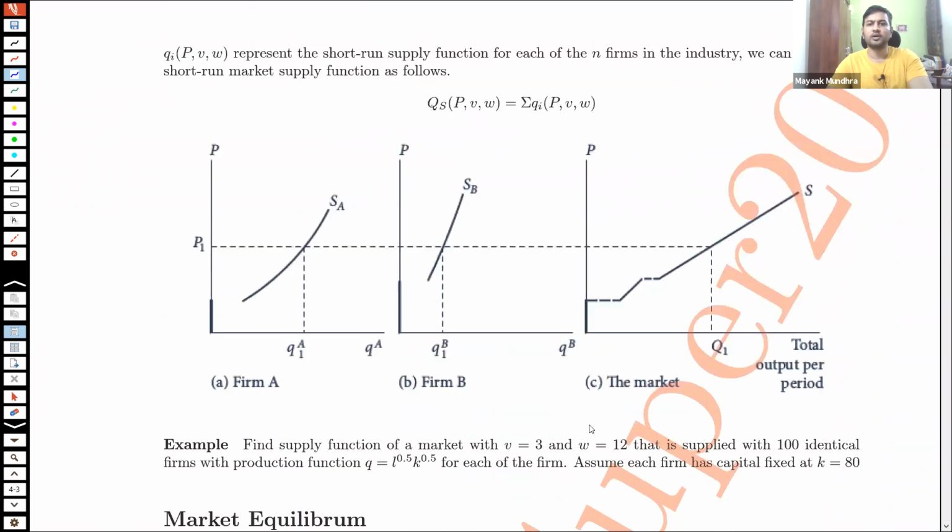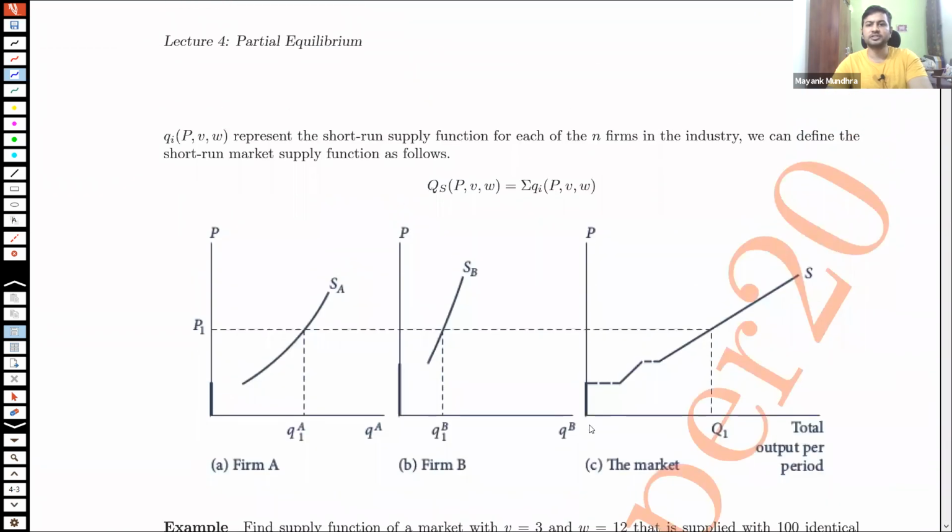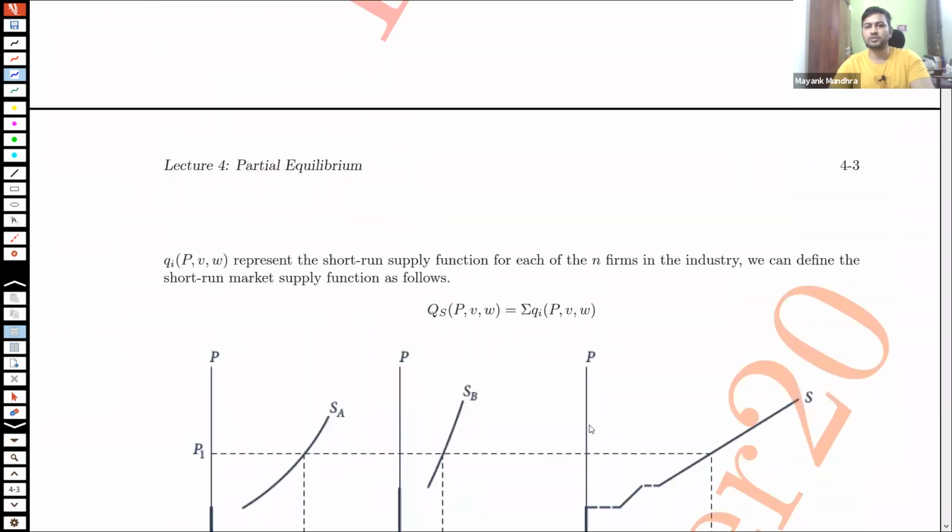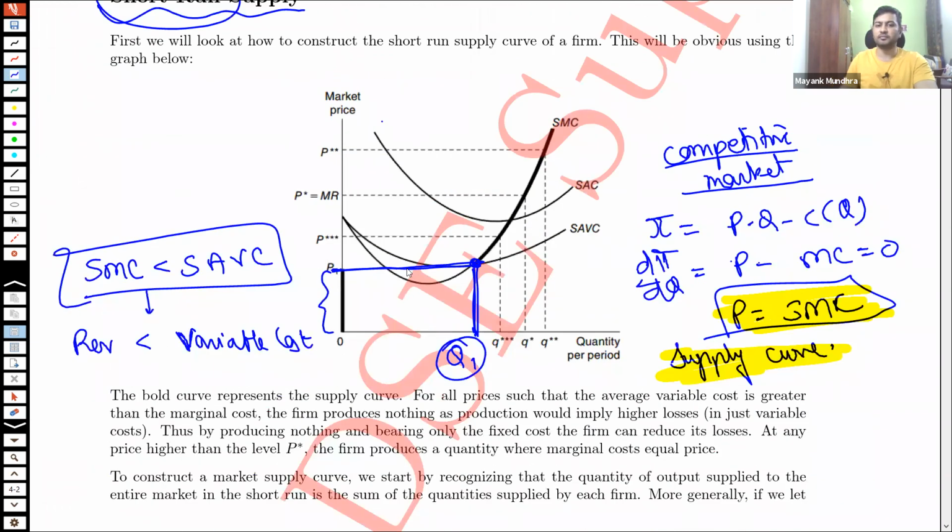All right, now, so this is the supply curve. So the supply curve for any one firm in a competitive market would basically look like this. Till shutdown price, the quantity supplied is going to be zero. Beyond shutdown price, it's going to move along the short-term marginal cost curve.